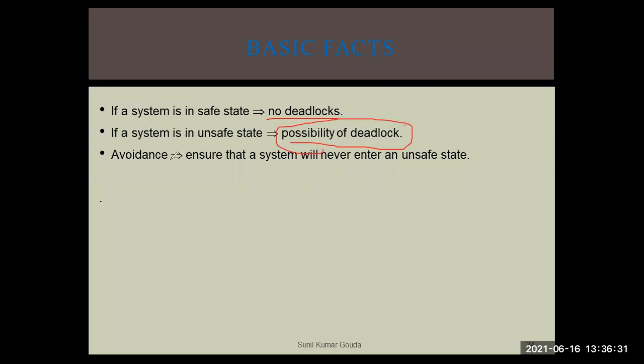Deadlock avoidance ensures that the system will never enter the unsafe state. Whenever the system would enter the unsafe state, we will not grant that request. We will not allow that request to happen. These three conclusions are drawn from the deadlock avoidance algorithm.